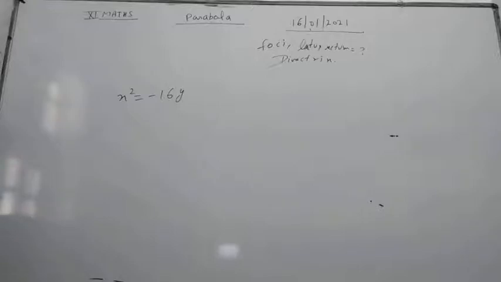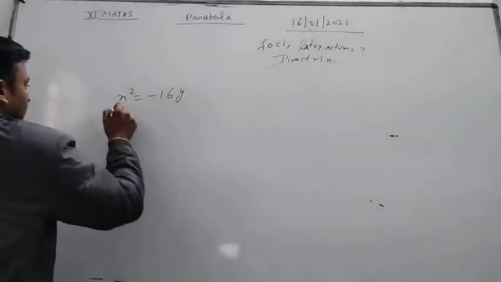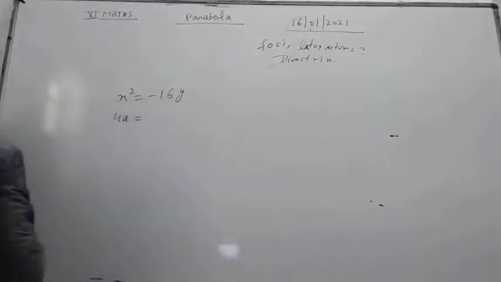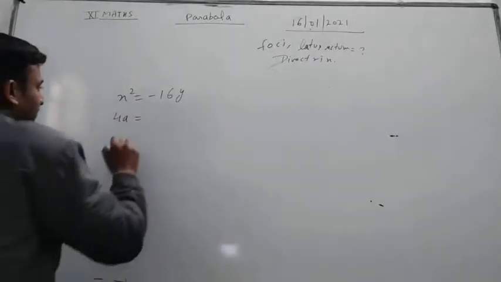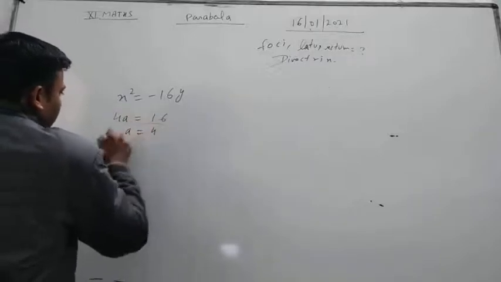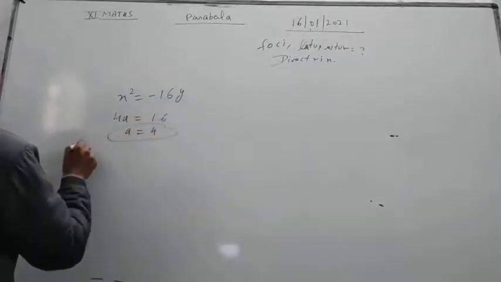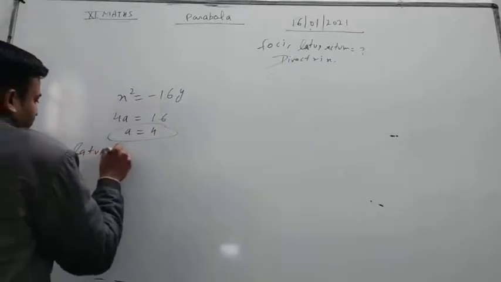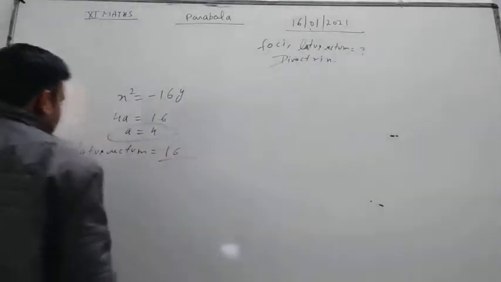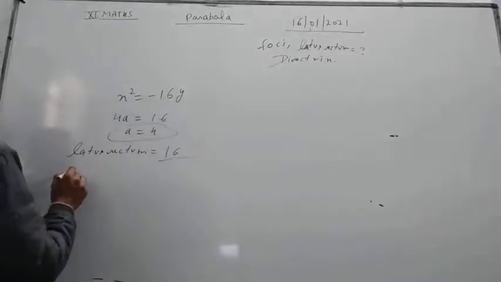In this case, student, when we compare, we write 4a is equal to 16, so a is equal to 4, student. So length of latus rectum is 16, student.